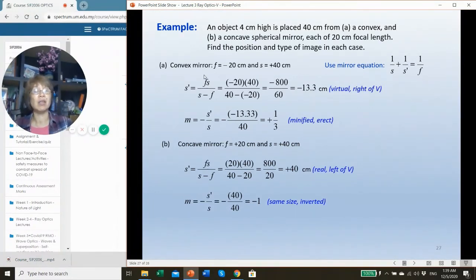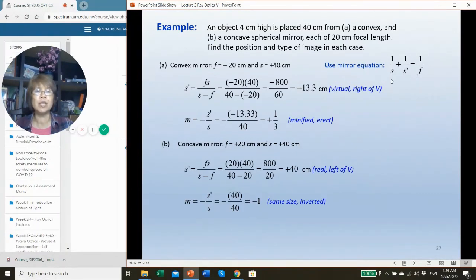For a convex mirror, the center of curvature is on the right side, so R is positive, but R equals negative 2F, or F equals negative R over 2. So F becomes negative. You're given the focal length, so it's negative 20. But the object is real. We assume it's placed on the left side, so it's a real 40 cm.